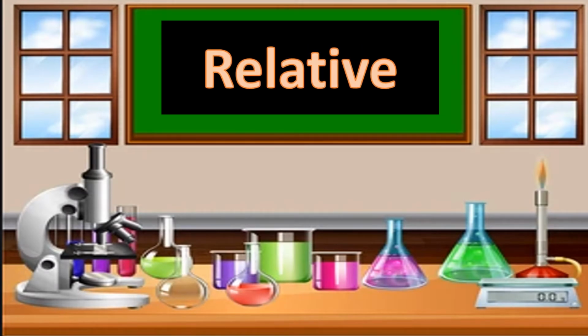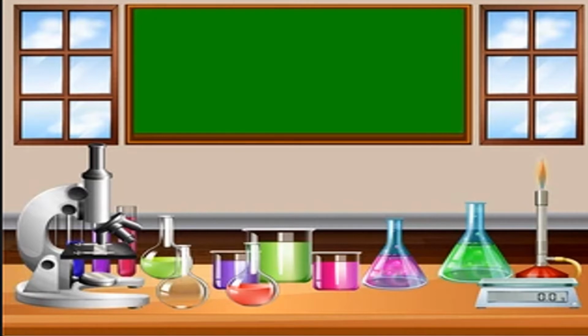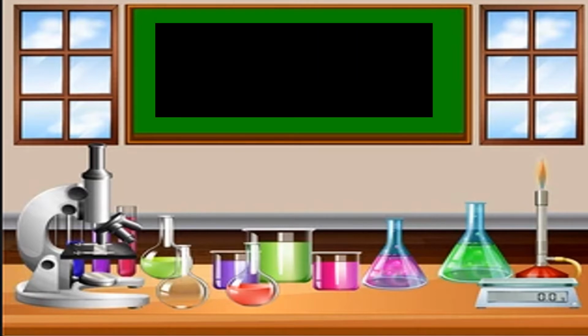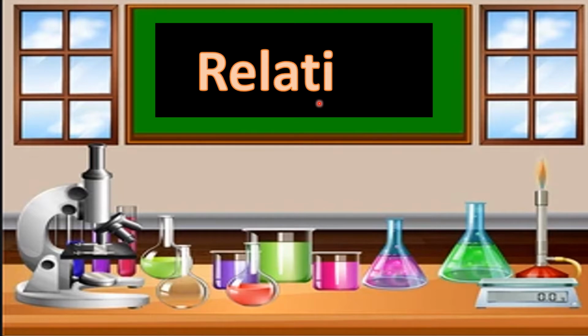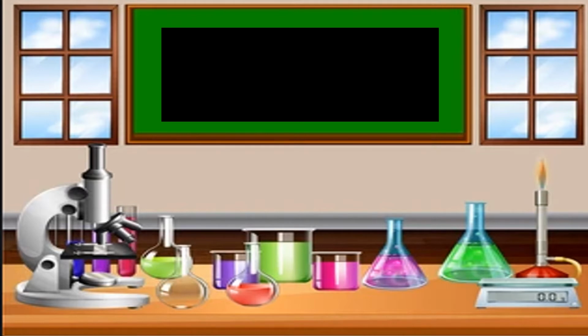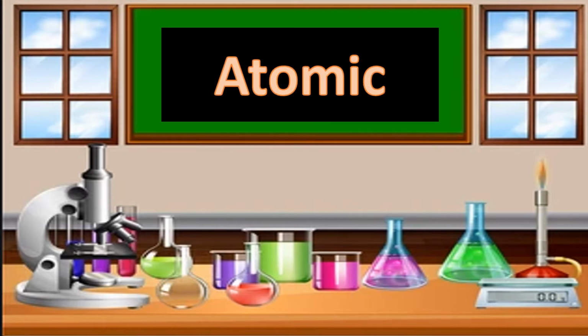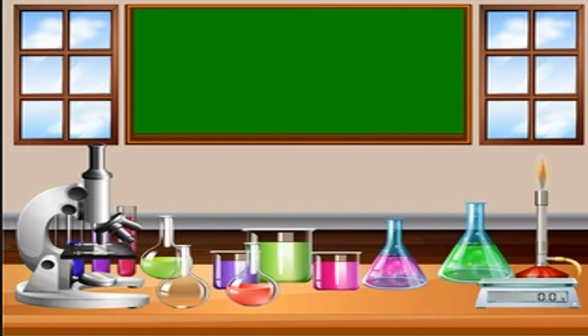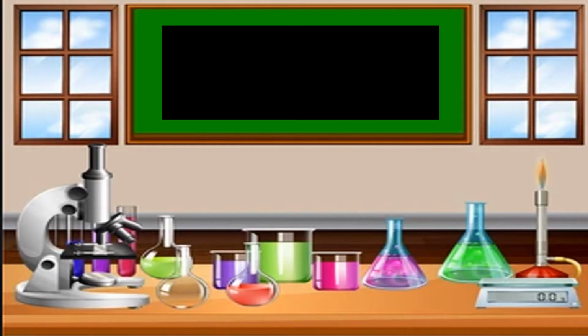Relative. Can everybody say relative? Let's spell relative. It is letter R, E, L, A, T, I, V, E. Relative. The next word is atomic. Can everybody say atomic? Let's spell atomic.